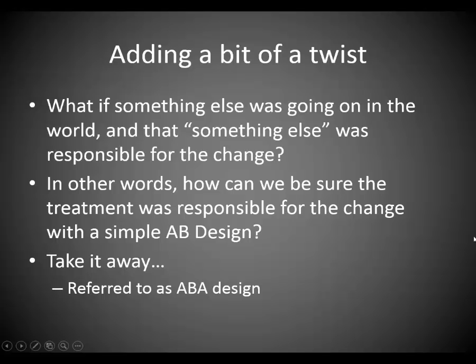It's important to note that there are a couple of ways in which we can increase the rigor of a single system design research project. Let's explore some of these ways in which we can do this. One of the things that we have to question is whether it was really the intervention that produced the change in the outcome variable, or whether there was something else that might have been responsible for that change.